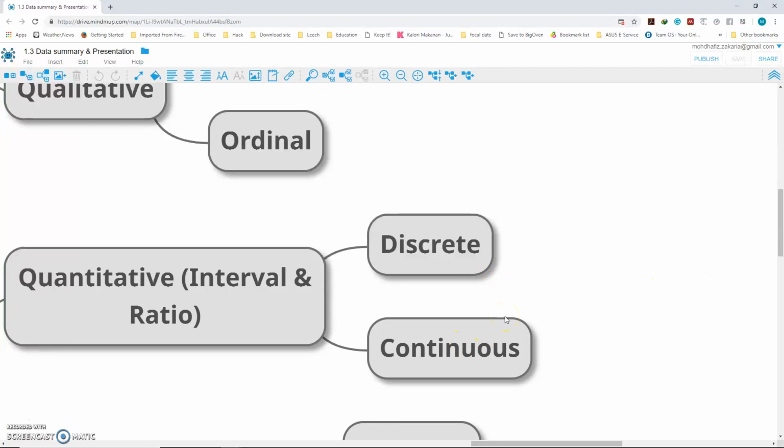Before we end on type of data, if you look at the book, you have a discussion on grouped and ungrouped data. We're not going to cover that in detail. The one that we're going to cover throughout this chapter is just ungrouped data. What does ungrouped data mean? It is data that you collect and look at, almost like raw data.